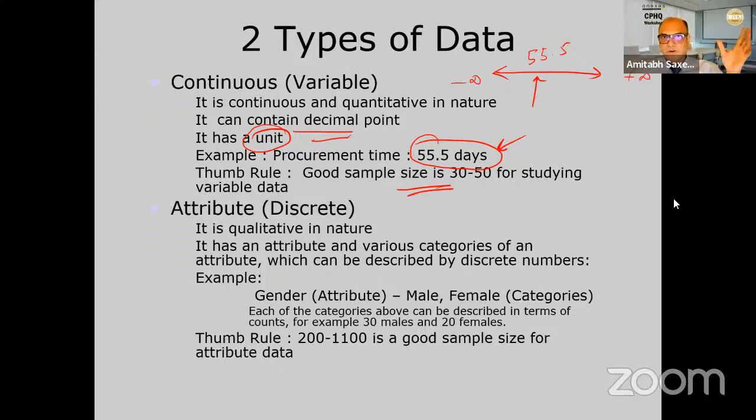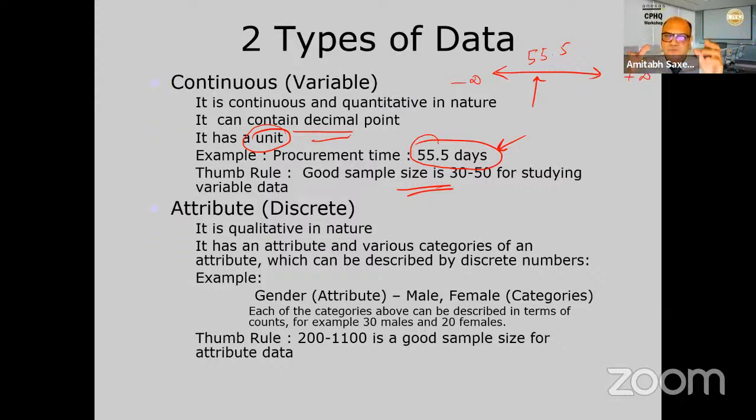So if I want to know the average height, or the 95% range of average height, of a child who's 5 years old, I collect 30 healthy children as a random sample, and I can get the average and a band. I'll tell you how to calculate the band in a short while.